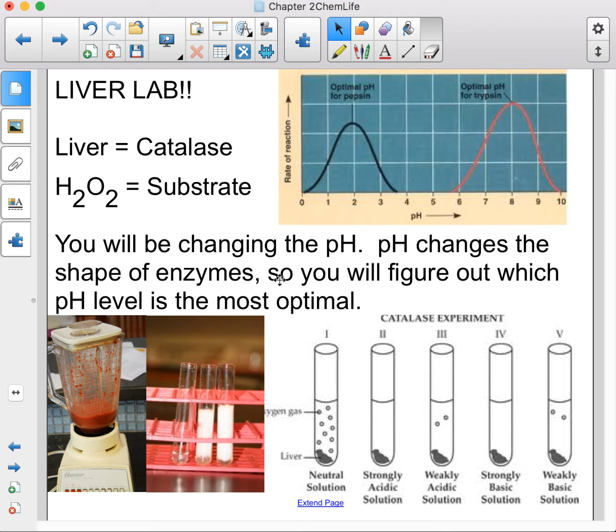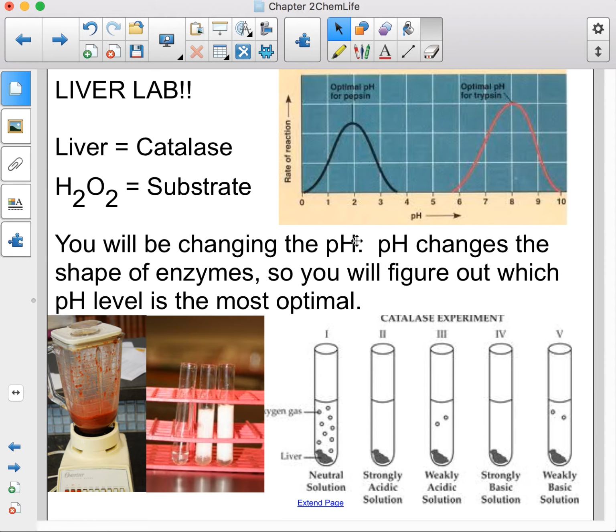In this experiment, you will be changing the pH. So I'm going to have some different pH levels: 1, 3, I'm hoping to get a 5, a 7, a 9, 11, and we can't really measure the 14 because our pH strip only goes to 12. But we're going to alter the pH of it. And then we're going to figure out which pH level is most optimal for the catalase.